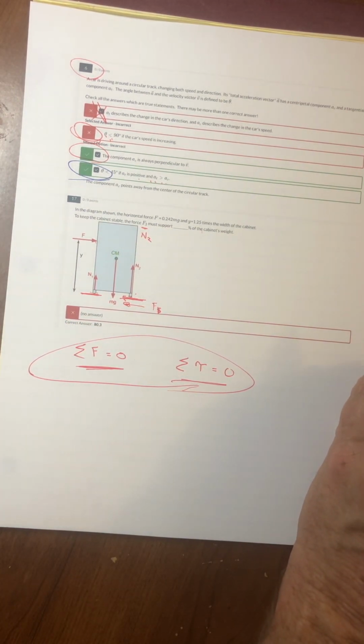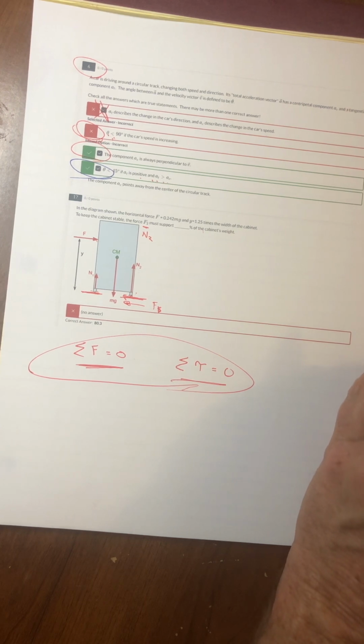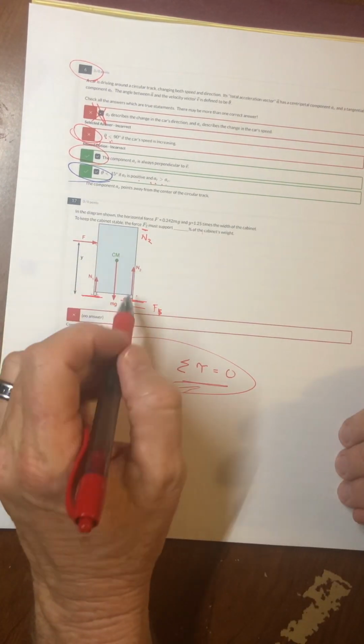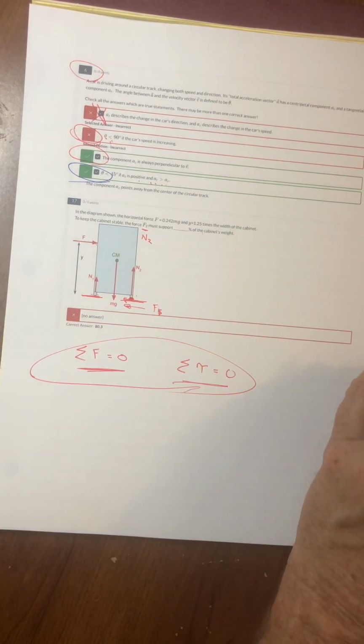So again, I'm going to go with this idea that this is a static problem. It's about rotation, that the cabinet here is locked into place with enough frictional force that it's going to tilt and not slide.